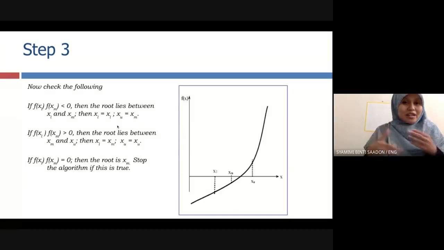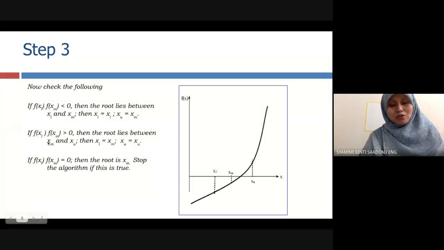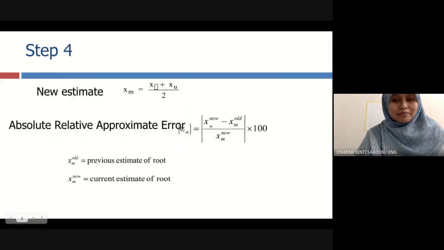So you just have to change it a bit. It means that you can not only use f(XL), you can also use f(XU), and then check your conditions. I hope you understand that.